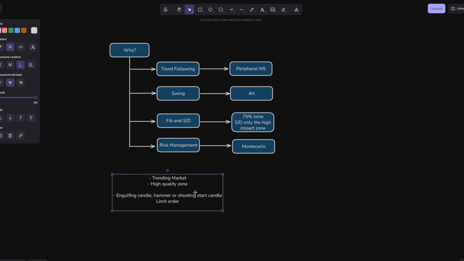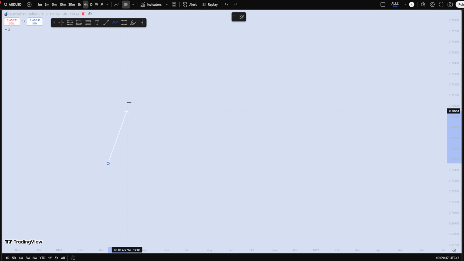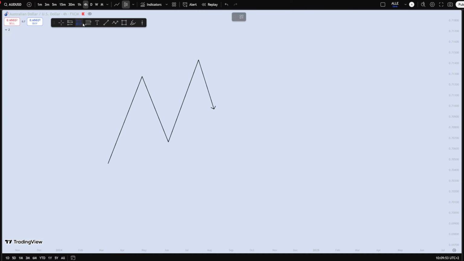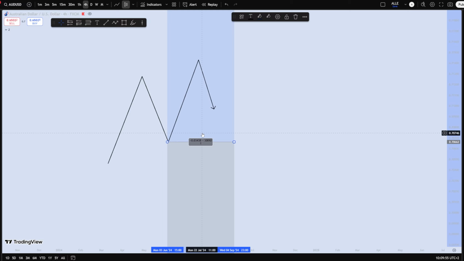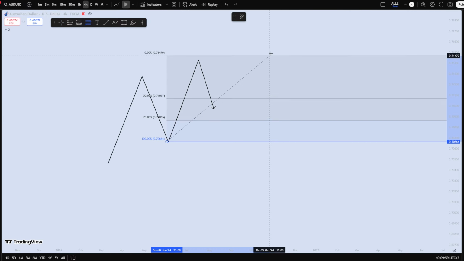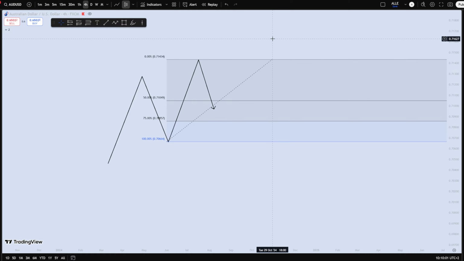This will be the main strategy. So if you have a market structure like this, we will draw a Fibonacci from the start of the impulse to the end, like this. We will focus on this zone right here for the trade.